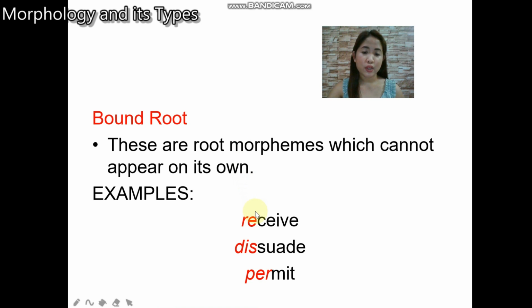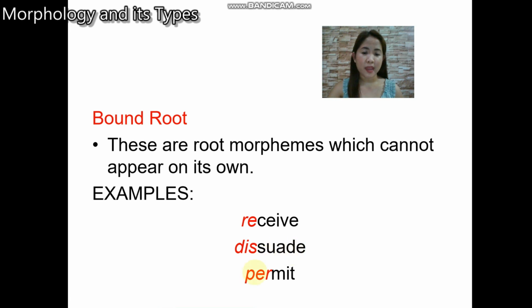If we try to remove re, we only have this word ceive, and the word ceive doesn't contain any meaning. The same thing happens to dissuade. If we try to split this and remain with the word suade, there is no meaning at all.